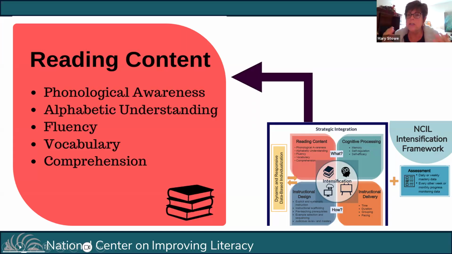We need to increase their vocabulary to a great depth, but also with a great breadth of understanding as well. And all of this work is going to lead students to being able to engage with text and to comprehend what they're reading.